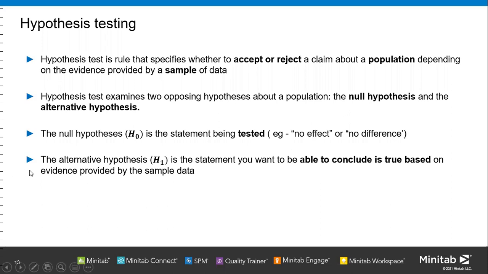The alternative hypothesis is the statement you want to be able to conclude is true based on the evidence provided by the sample data. If you look at other training material or reference books, hypothesis testing is included in statistical inference.